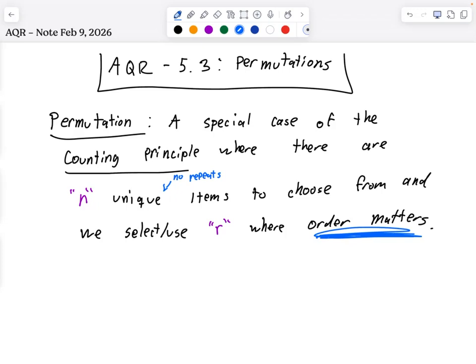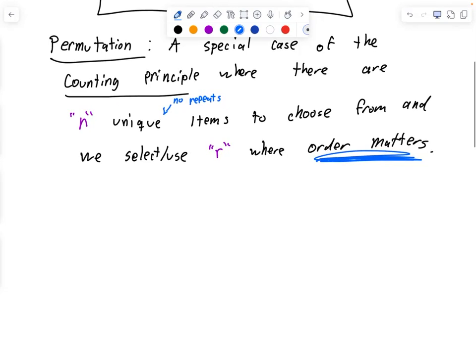Do you care if you're the first person or third person selected? You're still going to get the same candy. Order doesn't matter. So you're just getting 3 people selected. We would consider that the same group.